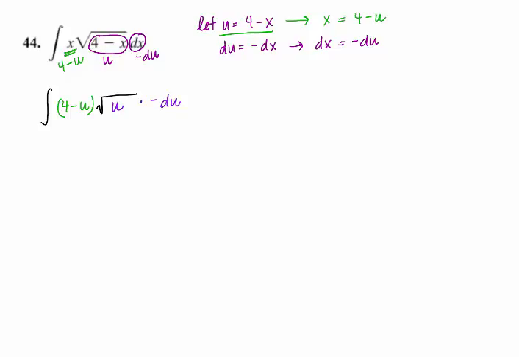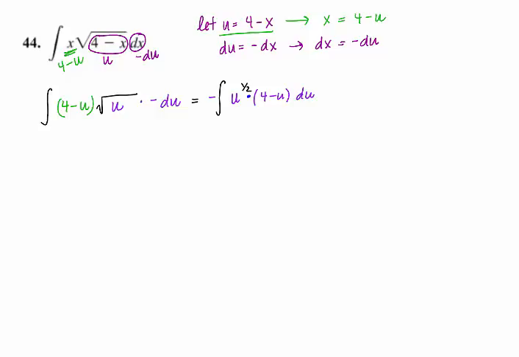So let's clean this up a little bit. We can't yet find the antiderivative because it's a little bit too messy. I'm going to pull out the negative. Then we could write u to the 1/2 power for the radical, and then write what was x as 4 minus u and the derivative of u. Now, before we can find the antiderivative, we have to still clean it up further. We got rid of the radical, that's nice, but now we have this product situation.